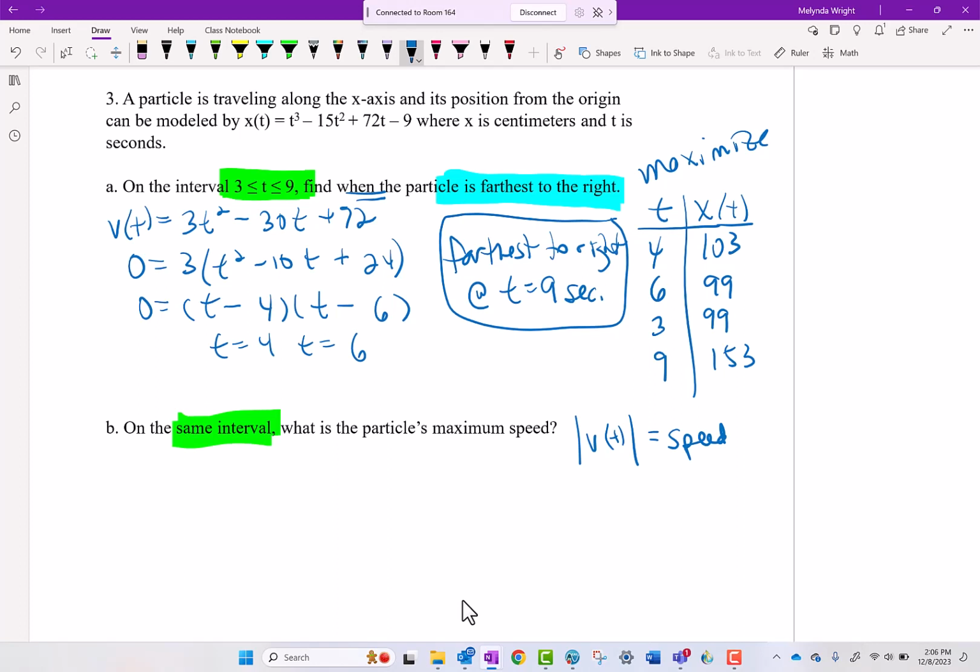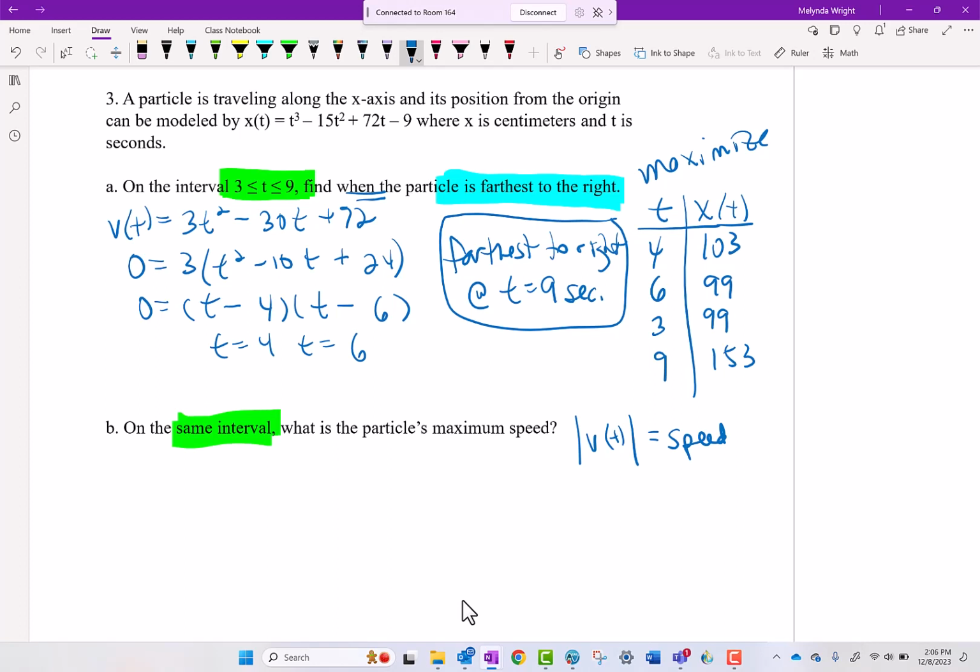I just want to make sure because it's really important. If we are finding farthest position, which is the x of t, we use the first derivative or velocity. If we are looking for maximum speed, which comes from v of t, we need to use the second derivative, a of t, to get our critical numbers. We always use the derivative of the equation that we're focused on.